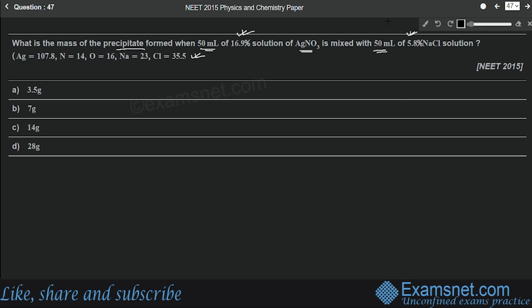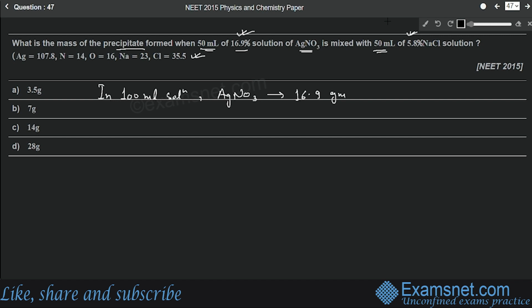Okay. So what is given here? We have a 16.9% solution of silver nitrate. So it means that in 100 ml solution, the amount of silver nitrate is 16.9 grams. This is what 16.9% solution of silver nitrate means.